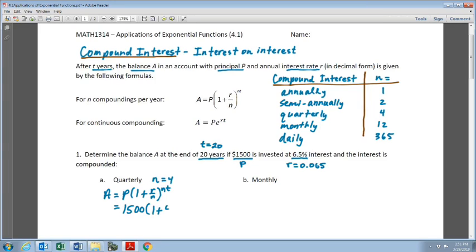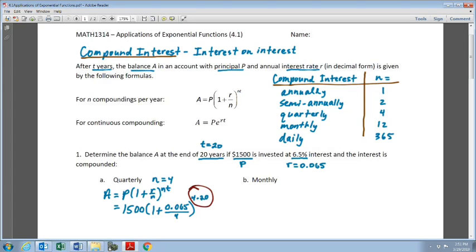Again, that's the starting amount. r is 0.065 over n, which is 4. And then that's to the nt power. That'd be 4 times 20. And then just be careful when you put this into your calculator. The thing that you have to really watch is this part right here.